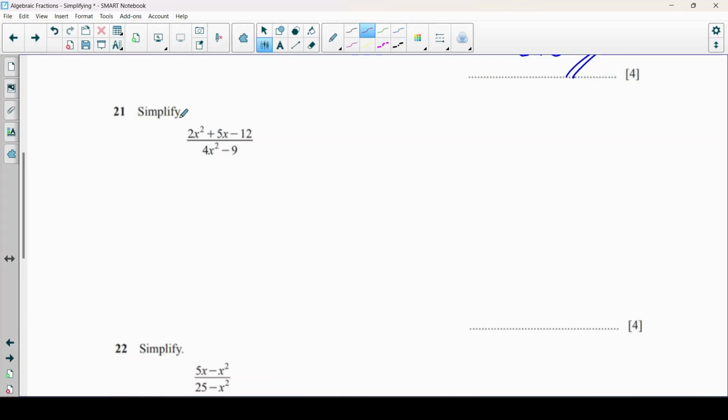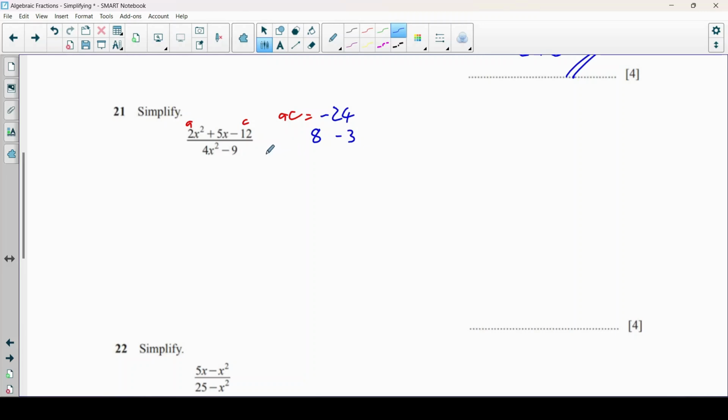For this one, we'll start with the AC method again. So 2 times minus 12 is minus 24. We're looking for two numbers that multiply to minus 24, add to 5. So one's positive, one's negative. Those two numbers are 8 and negative 3. 8 take away 3 is 5.